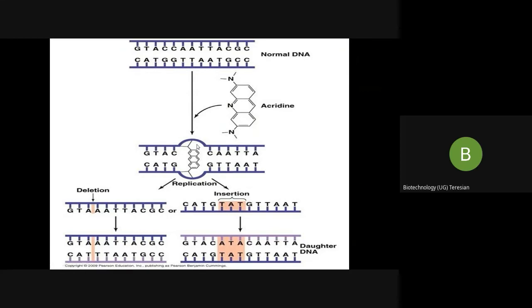It has also become bulky. And now, when this strand is undergoing replication, that is, your alkylating agents are acting during the time of replication, two phenomena can occur. Either deletion can occur or insertion can occur. So here, deletion has occurred.